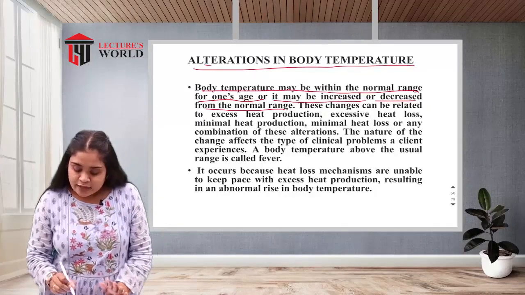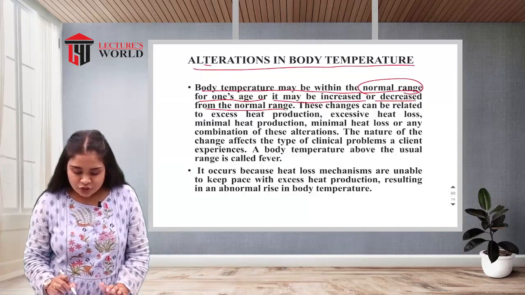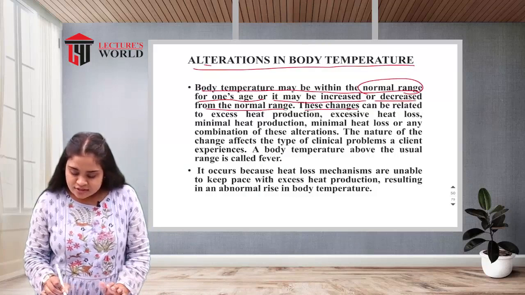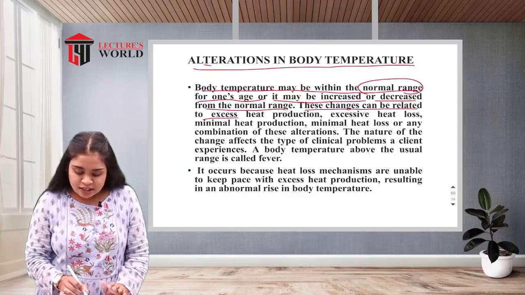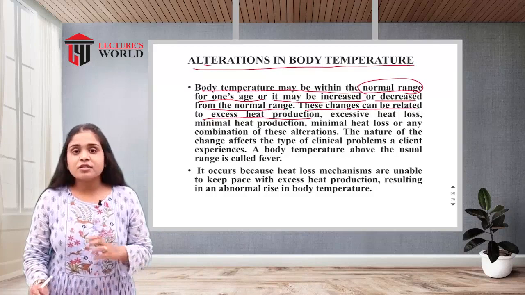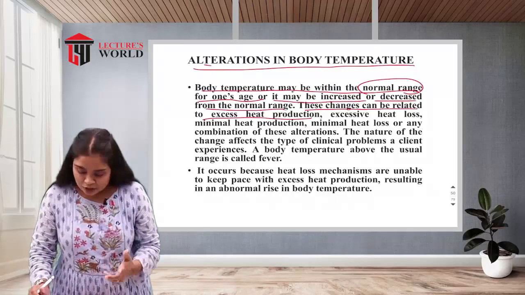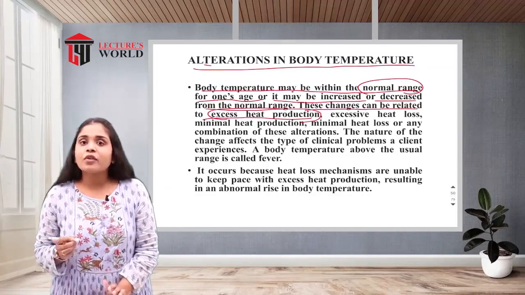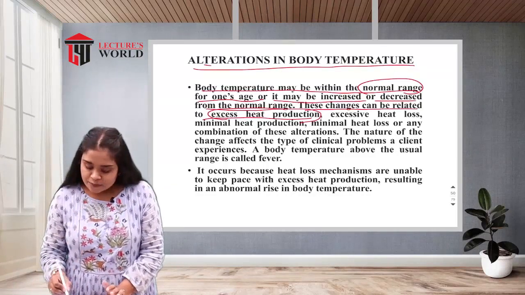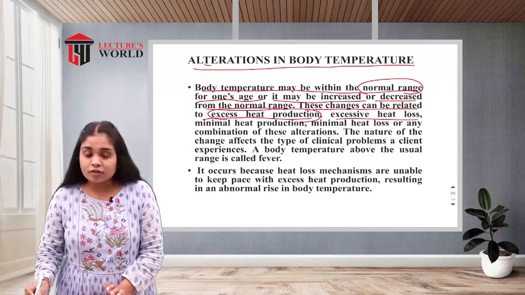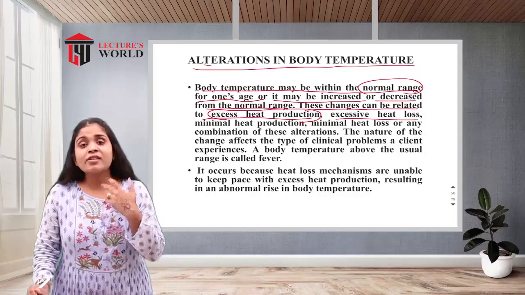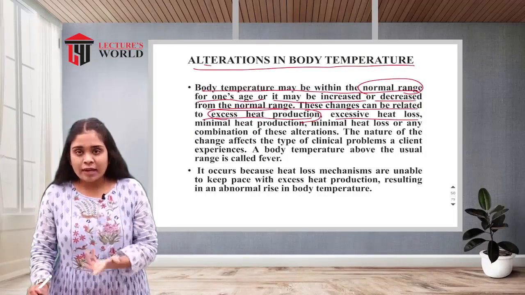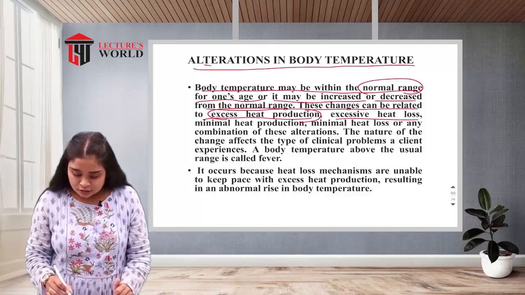So it has to be within the normal range. These changes can be related to excess heat production, because maybe the body is producing an excess amount of heat, so that is one reason. Otherwise, excessive heat loss, maybe the body is losing an extra amount of heat, so that is another reason.